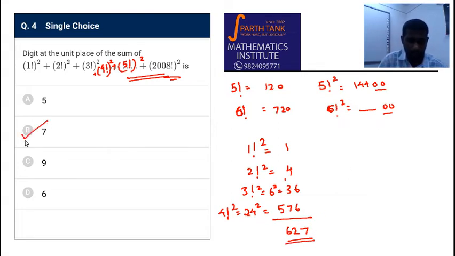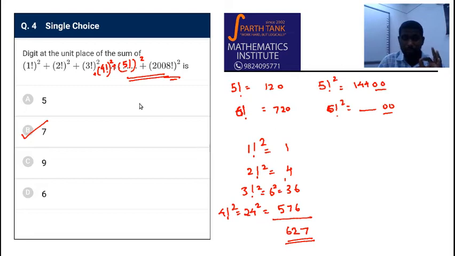Answer is option B. The digit in the tens place is 2. You can check that also. Now the hundreds place digit you can still find, but you will have to go till at least 9 factorial, which is going to be big numbers already. Okay, so the units place is 7.